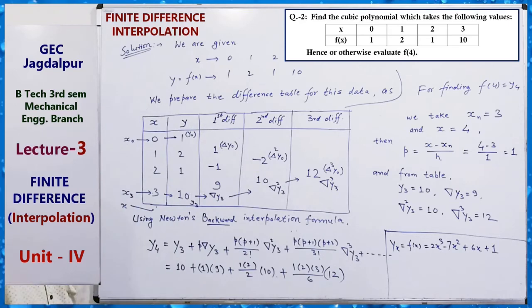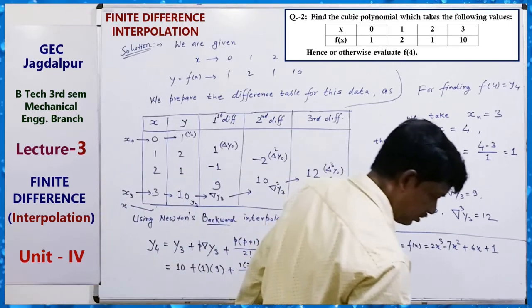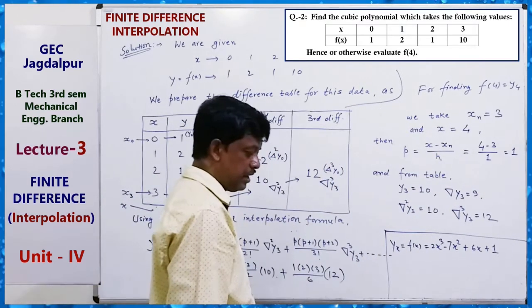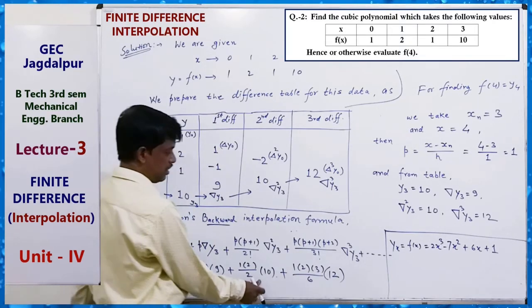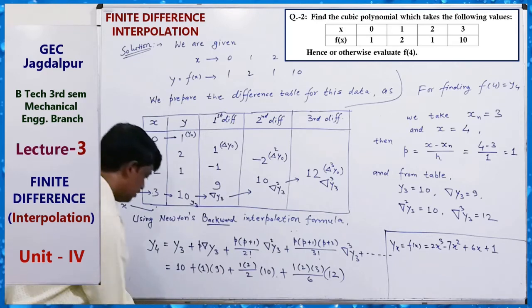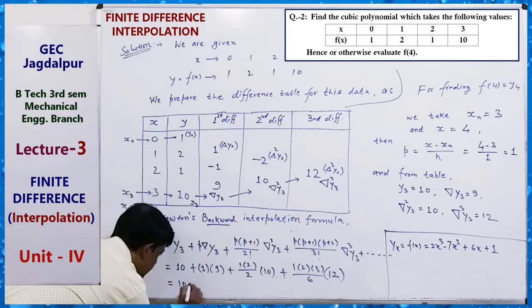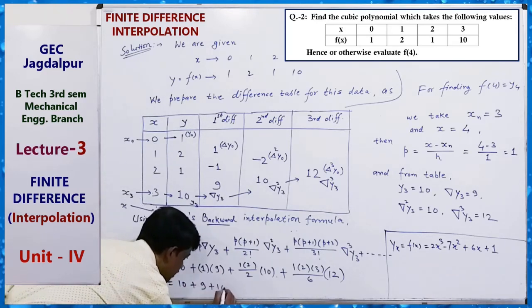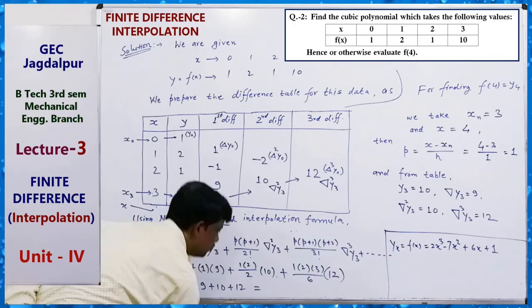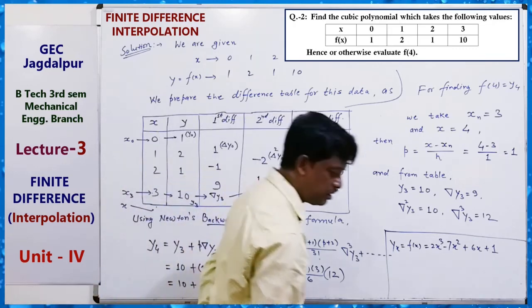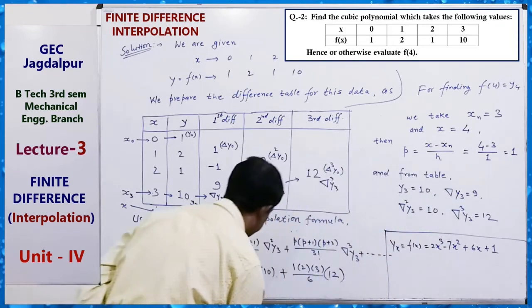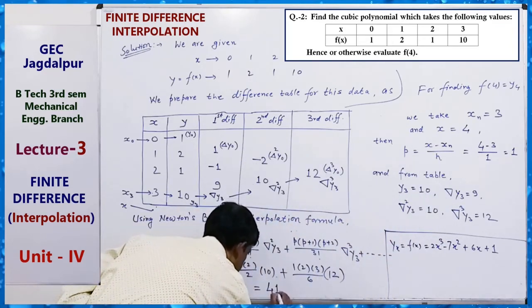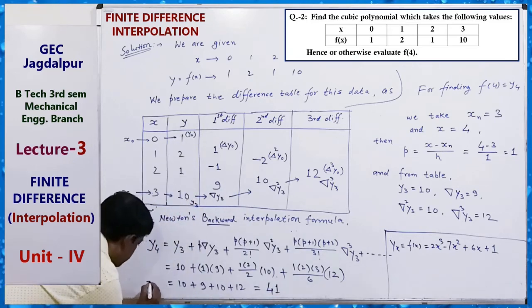Now you can calculate it: 10, 9, 10, 12 equals, we can see the value, 41. So this is the value of y4.